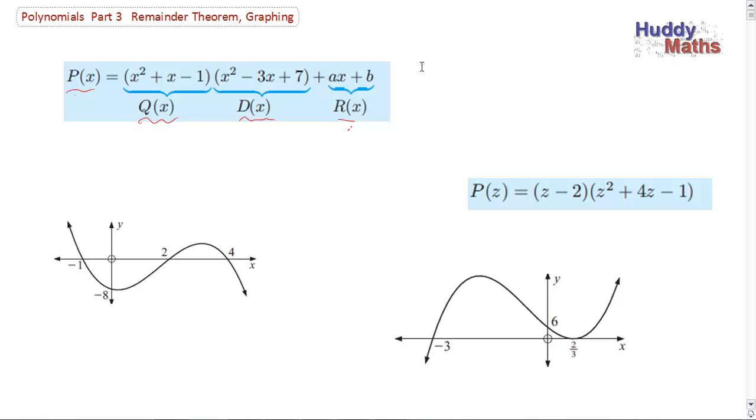So just recapping a bit, done a little bit of squiggling up here, and we can see that we have terms like q of x, d of x, r of x to make up our polynomial. And we've been looking at whether things have factors and remainders. For this particular one, I want you to be able to write this dividing through by the divisor.